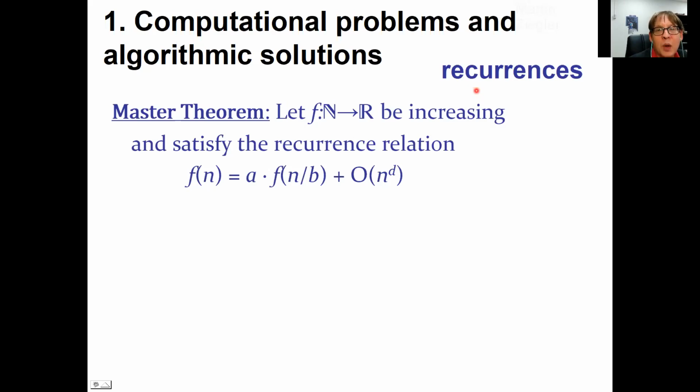This looks like one recurrence relation, but it's actually many because it involves all these three parameters, A, B, and D. Okay, so f of n is equal to A times f of n divided by B plus O of n to the D.